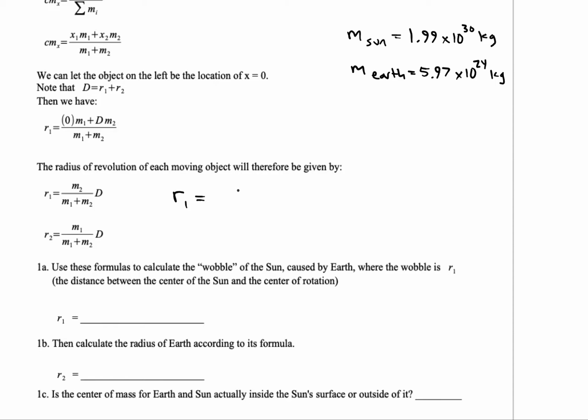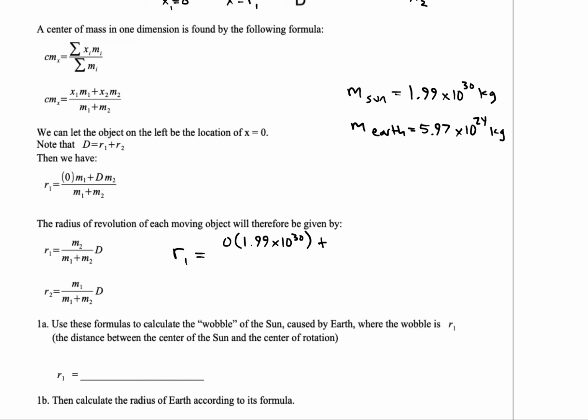R1 would be 0 times the mass of the sun plus the distance Sun to Earth, 1.5 times 10 to the 8th kilometers.